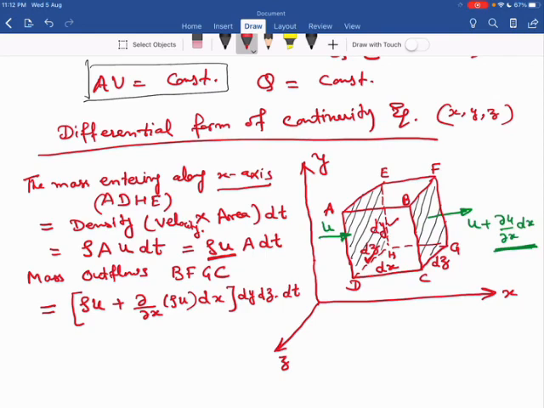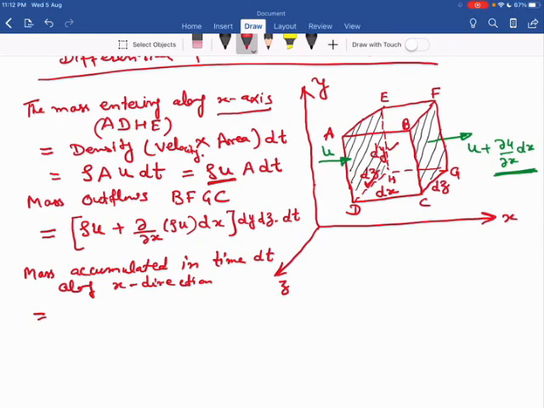Now you can write the mass accumulated in time interval dt along x direction. The mass accumulated is the mass entry minus the mass leaving.